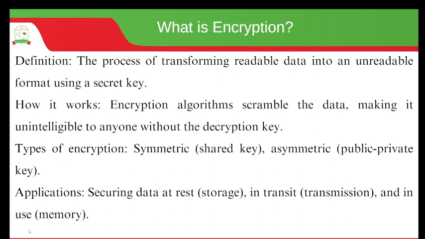Then we ask ourselves about a keyword that we have been mentioning here: encryption. Encryption is the process of transforming readable data into unreadable format, and we do this using what we call a secret key. So what happens in encryption?